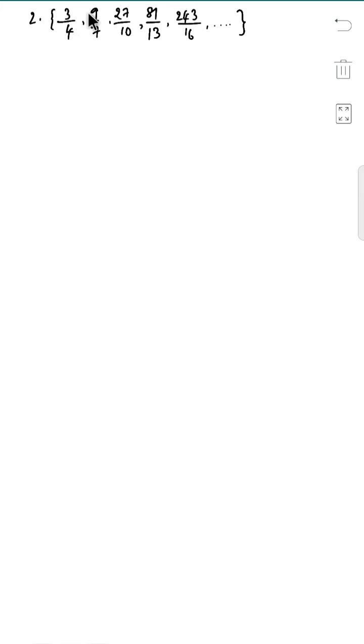See here, all the numerators of this sequence are powers of 3. This is 3 power 1, this is 3 square, 3 cube, 3 to the power of 4, 3 to the power of 5, and so on.